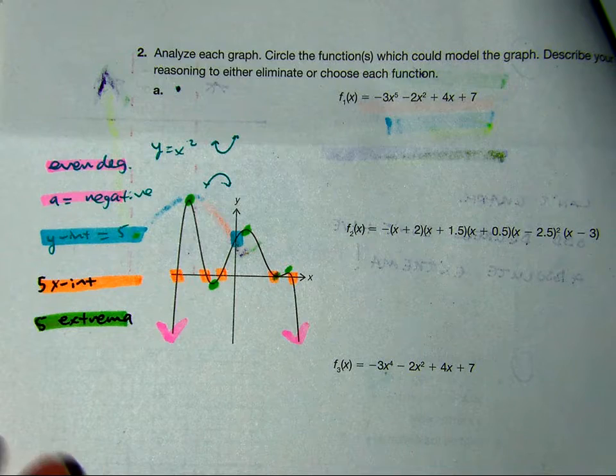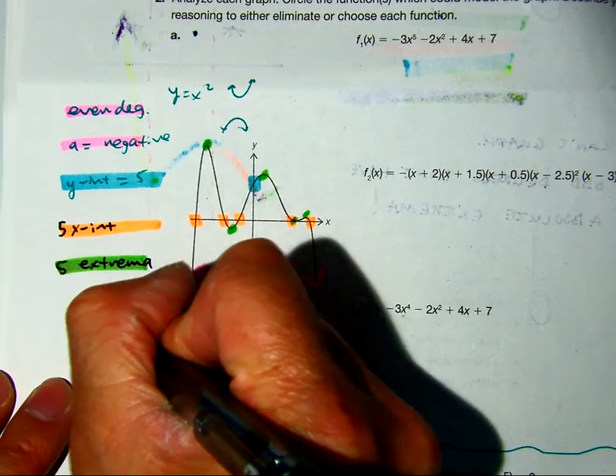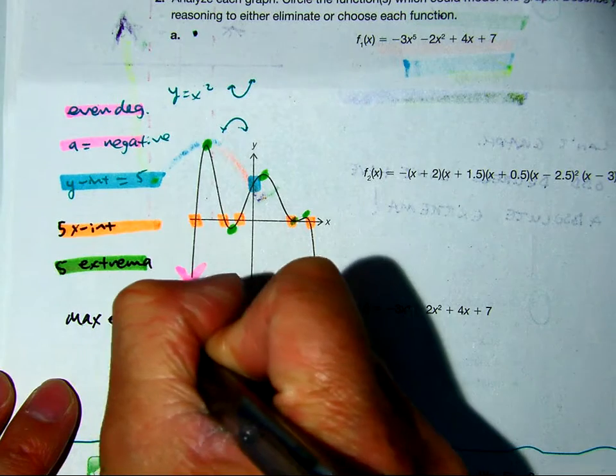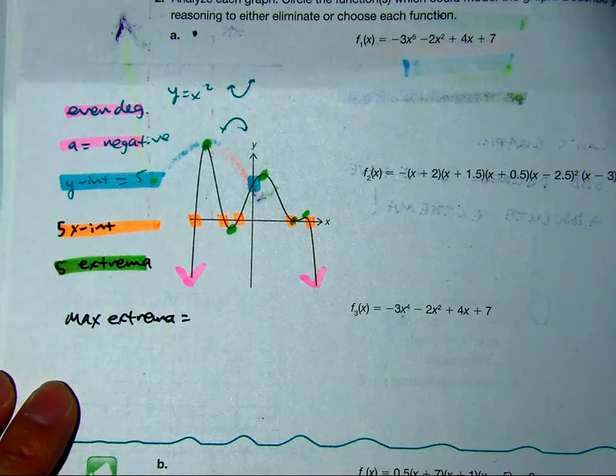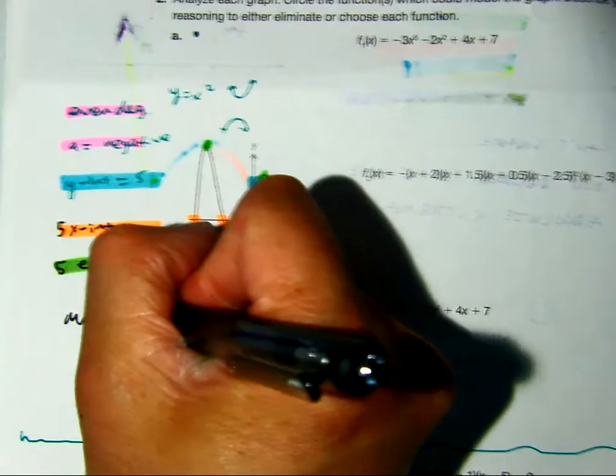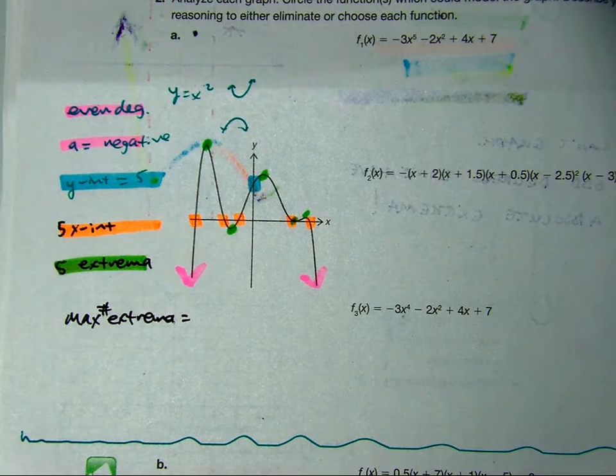Okay, we have this formula from yesterday's lesson. Hopefully you have that on your formula sheet. Partner B, tell partner A, what goes on this side? Max number of extrema is equal to?